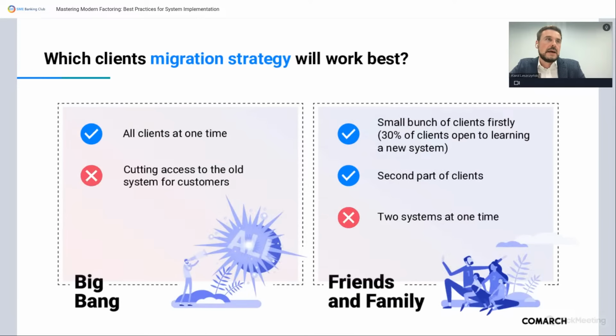And how to migrate customer data? Which way will be the best for my clients, for my factoring company? Customer migration to the new system can be divided into two approaches. The first is the so-called big bang migration, where the transfer of all customers takes place at once, for example, on a weekend.